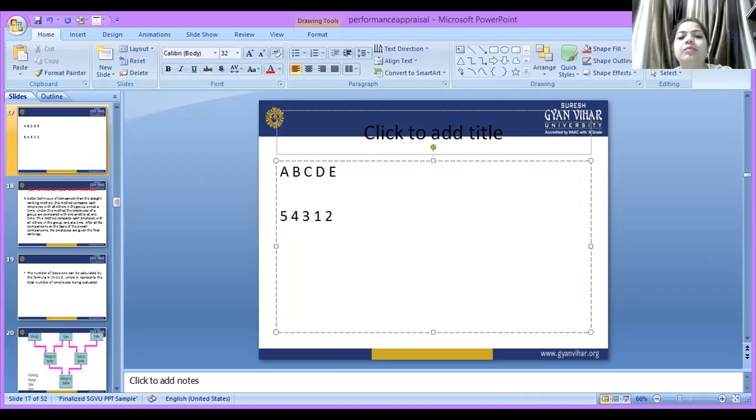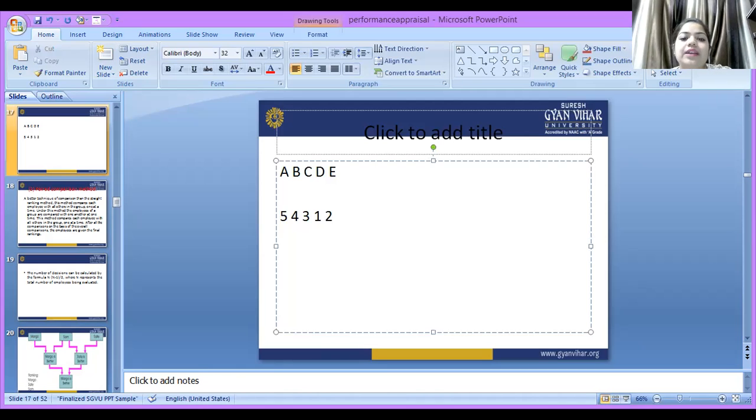So what do we mean by this? A's position stands for 5, B's position for 4, C's position for 3, D's position for 1. Here 5 is not a lower value; 5 is excellent, 4 is very good, then good, average, poor.